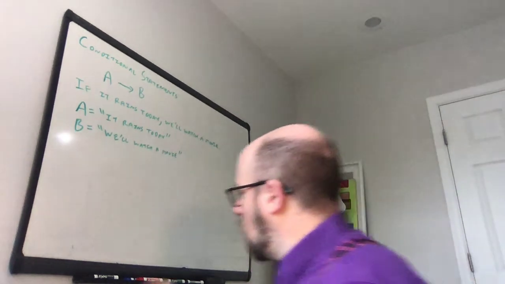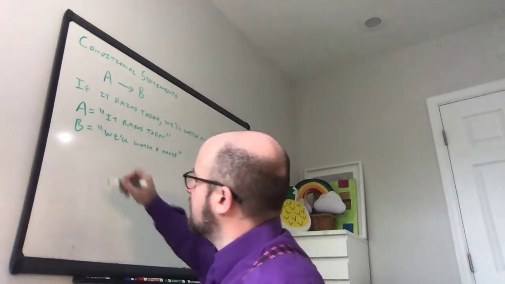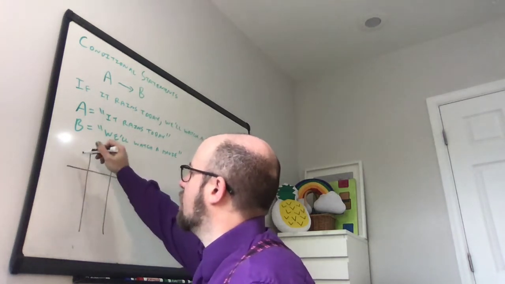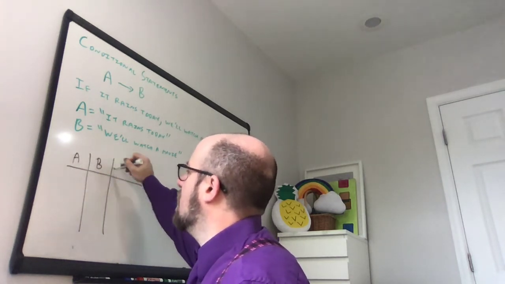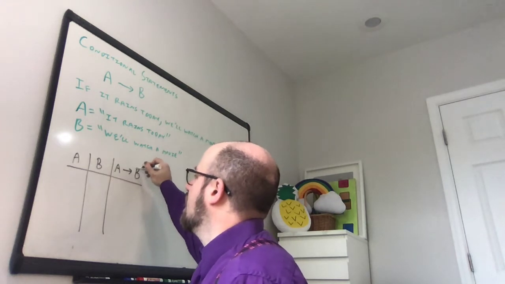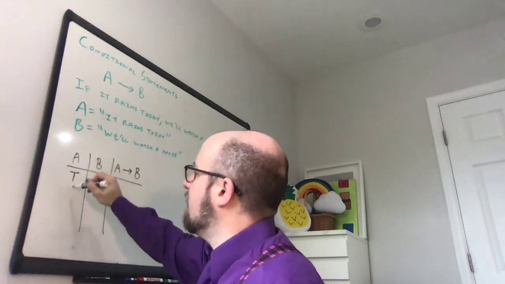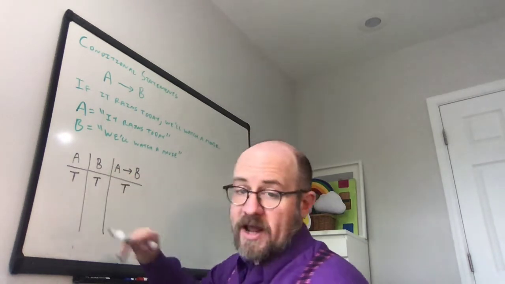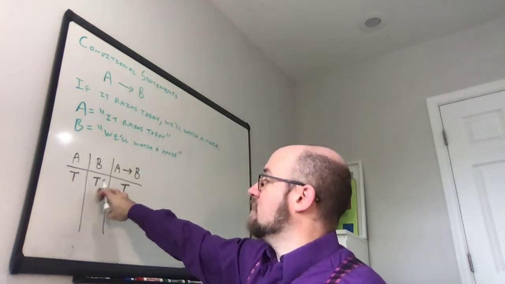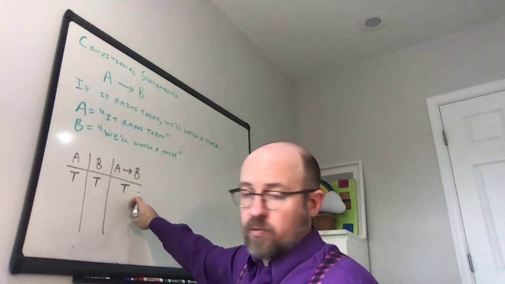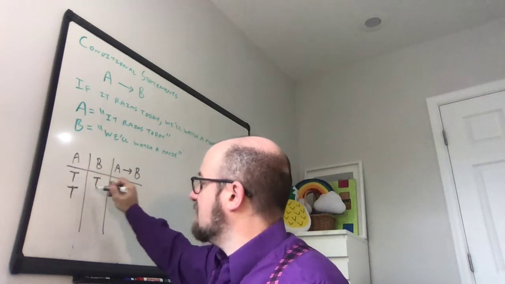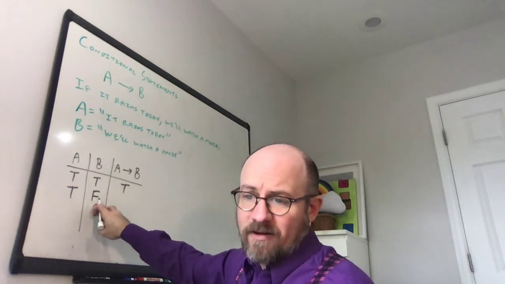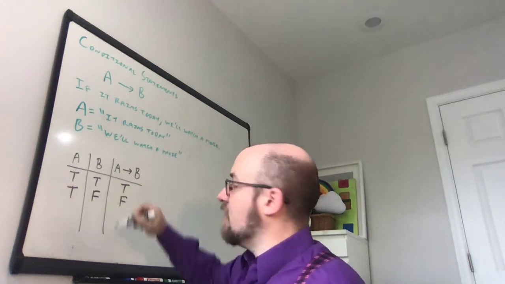So those two situations are the first two in our truth table. If you think about setting up a truth table for A implies B, if A is true and B is true, if it rains today and we watch a movie, then the whole implication is true. We lived up to it. But if it rains today and we don't watch a movie, so A is true and B is false, then our statement was false.